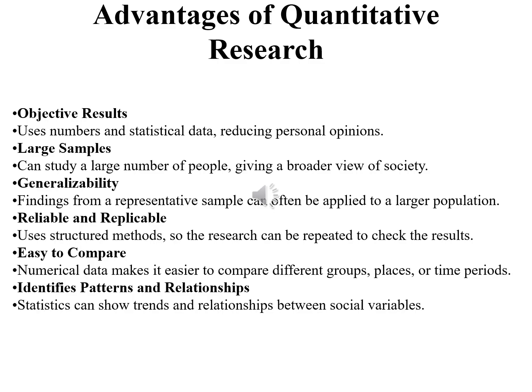For example, suppose a researcher surveys 1,000 students selected to represent students across a city. If 60% report exam-related stress, the researcher may use this finding to estimate the situation among students in that city. Then next, we are having reliable and replicable.